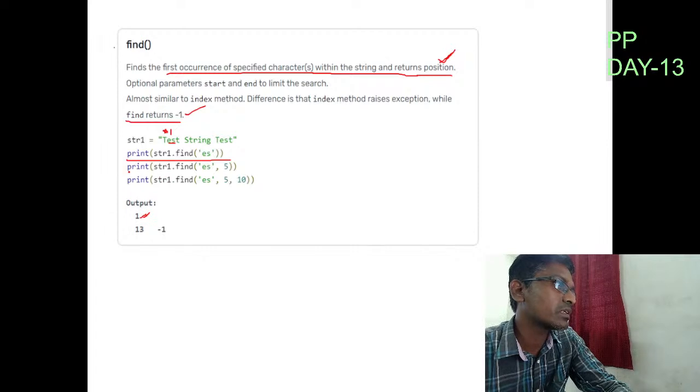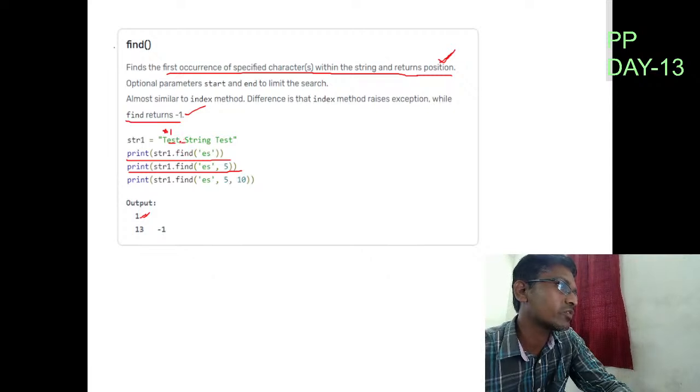Next, the second statement: print str1.find("es", 5). So that means you have to start from index number 5. For example, 0 is a capital T, 1 is E, 2 is S, 3 is T, and 4 is a space.